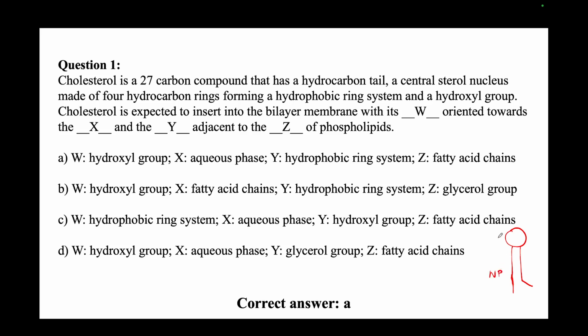Now, in cholesterol, they have said that it has the hydrocarbon ring system and then a hydrocarbon tail. So, all these, the hydrocarbon tail and hydrophobic ring system, will be hydrophobic, or we can say they are non-polar. So, where will this part be? This will be towards the non-polar or the fatty acid chains. So, hydrophobic ring system will be towards the fatty acid chains.